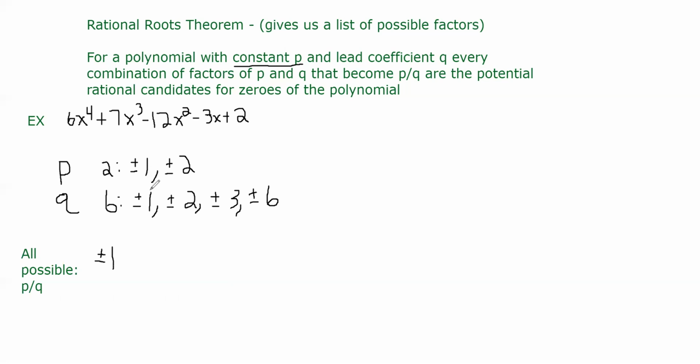Plus or minus 1 divided by plus or minus 1. And Josh has a lot to type. Plus or minus 1 divided by plus or minus 2. Plus or minus 1 divided by plus or minus 3.